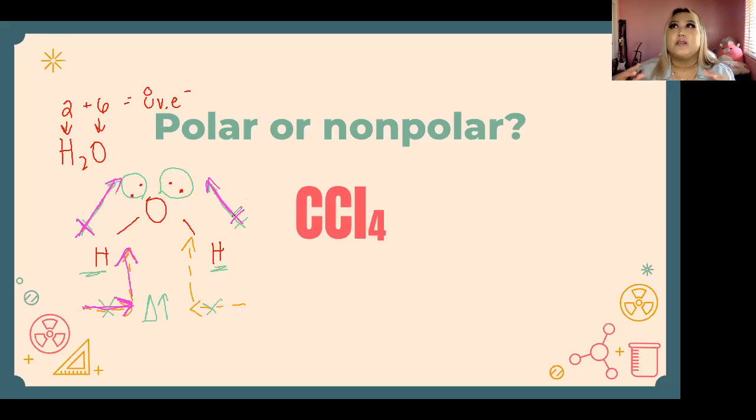In Lewis dot structures, the electrons want to be as far away as possible from each other because they're all negative. If you think of a magnet, one side's positive, one side's negative. If you have two magnets with both negative sides together, they repel each other. They don't want to be near each other, so they want to be as far apart as possible. That's the idea behind Lewis structures.